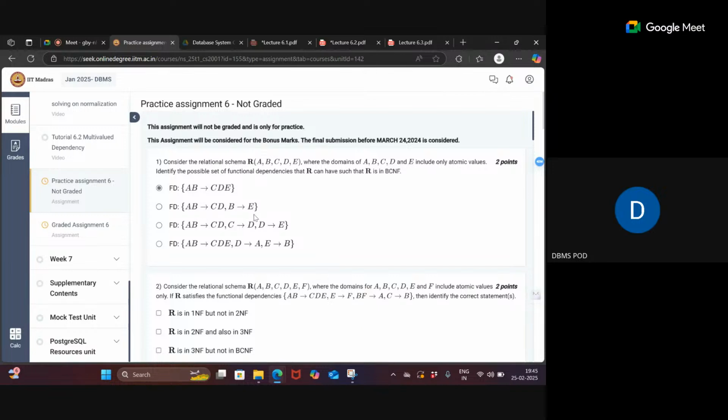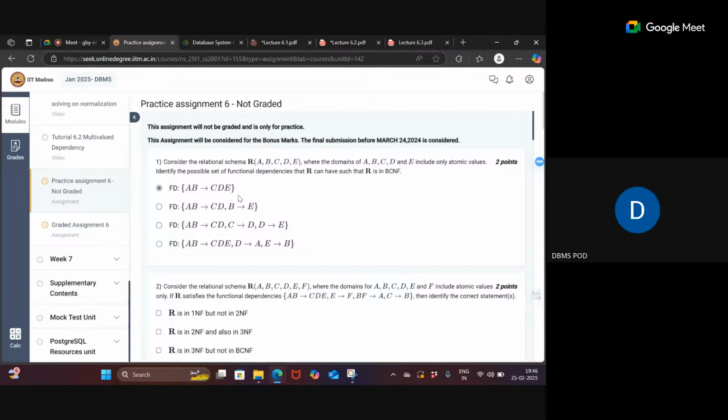And if we see the other FDs here, AB determines CD and B determines E. What is the key here, which is not there in the RHS? AB. AB is not there in the RHS. If you take AB closure, it will determine AB and CD, and also B determines E. AB is the key, and AB determines CD is valid because AB determines A, B, C, D, and E also.